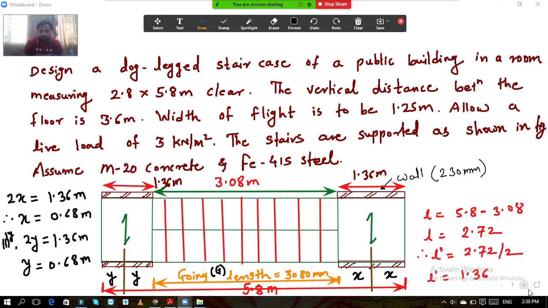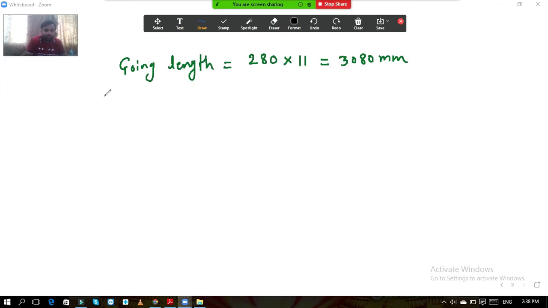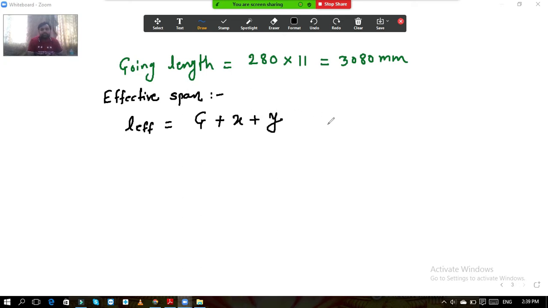So here now this is our complete diagram. Now we will move to the effective span. L effective is equal to g plus x plus y. And here in this case you see that x and y are less than 1.